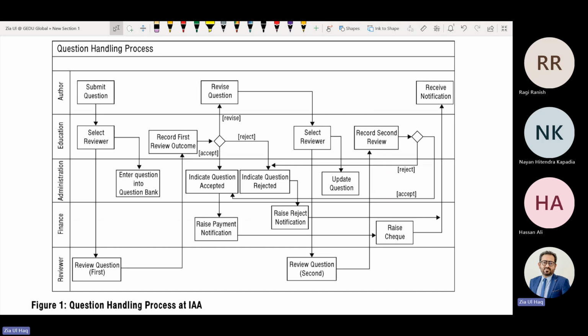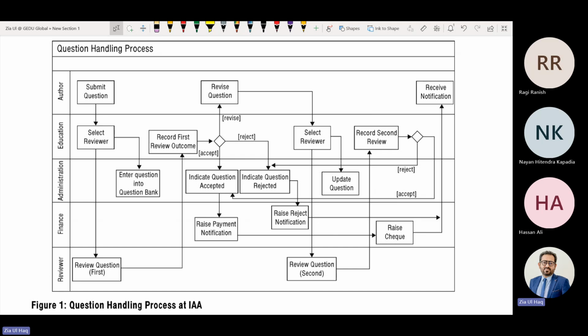Administration, this we know, this is a department. Finance, this is a department. Reviewer, what does it mean by reviewer? Examiner or review of study material as well, review of the syllabus as well, review of the books as well. If an author is writing something, then reviewer might be reviewing.